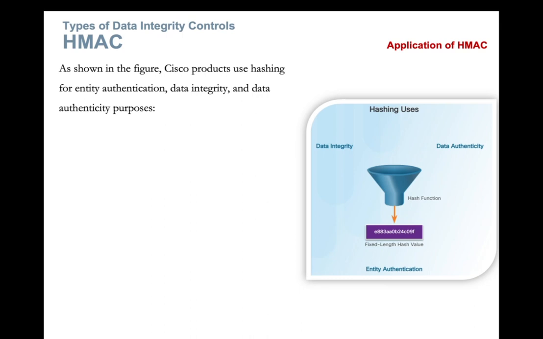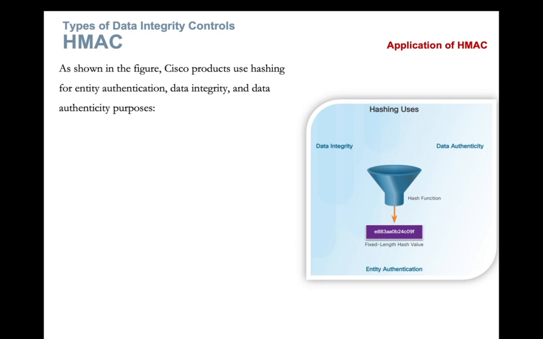The Cisco IOS routers use hashing with a secret key in an HMAC-like manner to add authentication information to routing protocol updates. So data integrity, data authenticity, and entity authentication can be done.